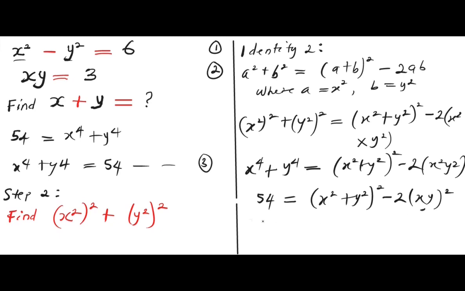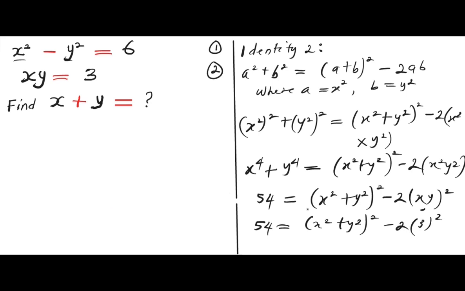So we have 54 equals x squared plus y squared all squared minus 2 into xy, that is equal to 3 from equation 2. So you have 3 all squared. Okay, so let's simplify this further. Let's continue from this other side of the board, but before I do so, let's move this across the equality sign to this side.